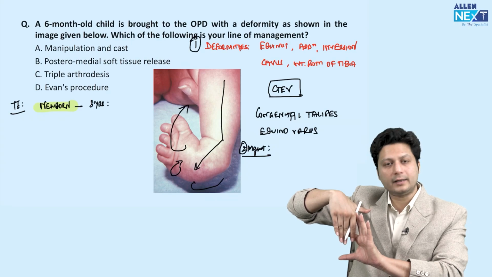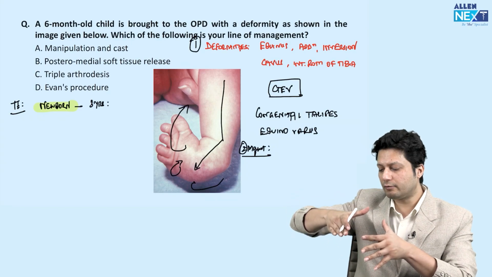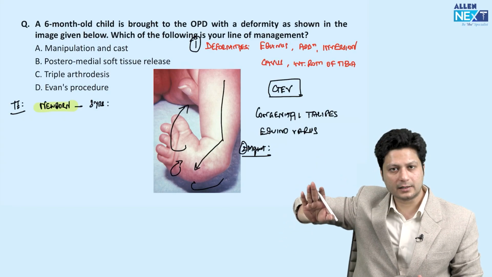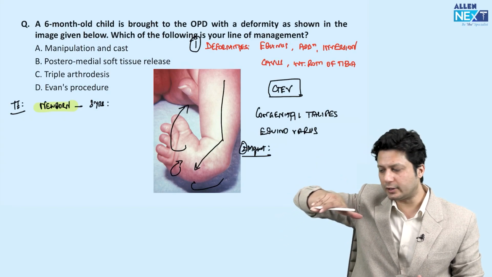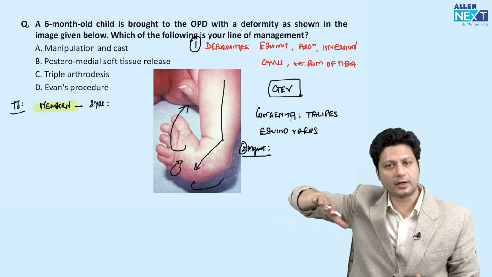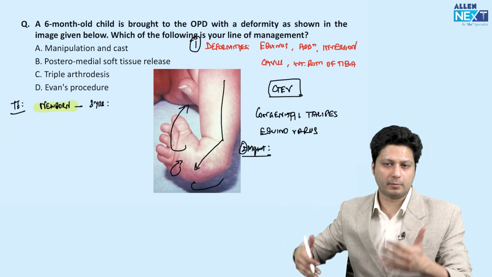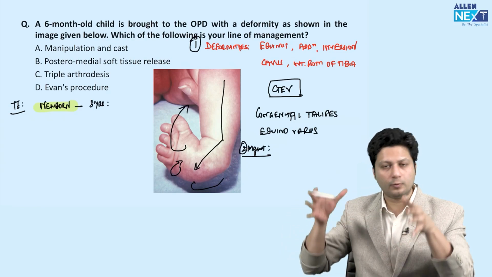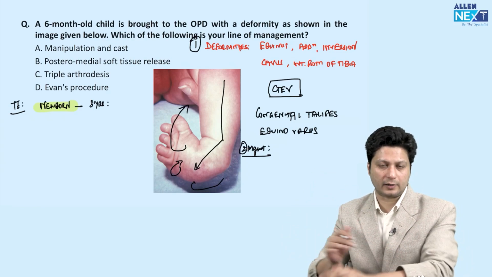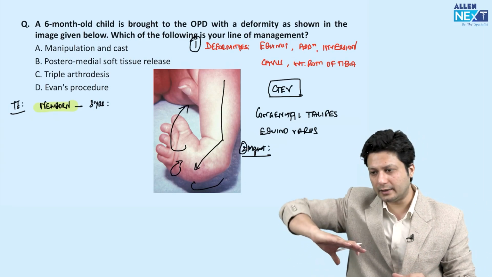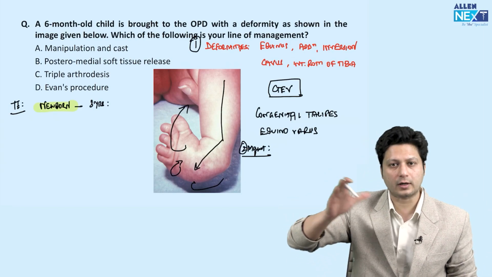By gradually correcting all the deformities so that they are overcorrected: equinus is converted into calcaneus, forefoot adduction is converted into abduction, inversion is converted into eversion, and the plantar arch is regained. Over a period of time, because the cast that you apply to maintain the correction achieved by manipulation is an above knee cast, internal rotation of the tibia is also corrected gradually.